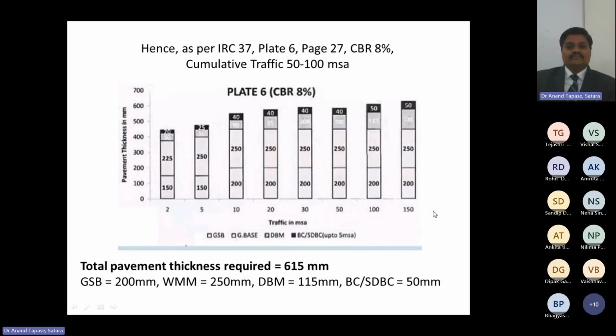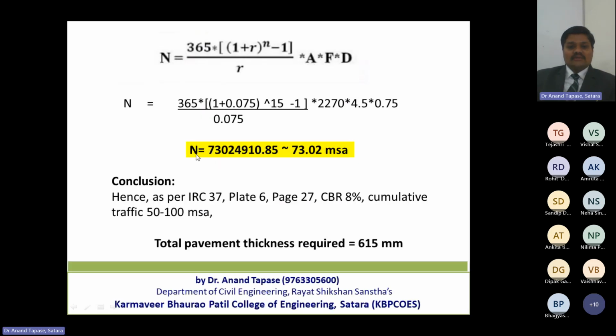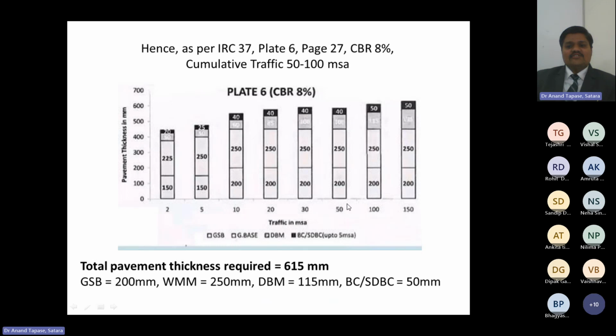Here you can see. Let us see here. Our result was N is 73. So for 73, the specific thickness has not been given. So 50 is known, 100 is known, traffic in MSA. So a mean of these both can be taken for considering the pavement.